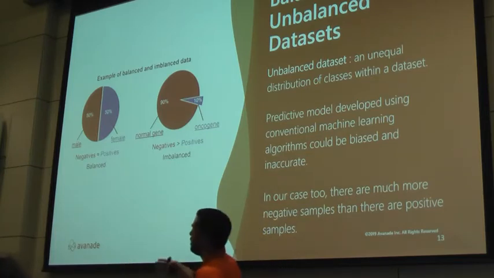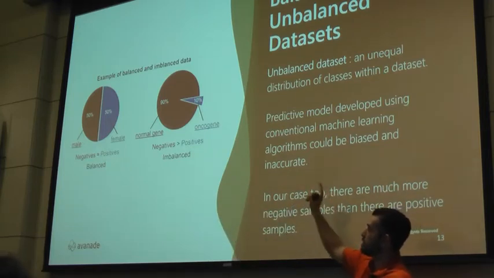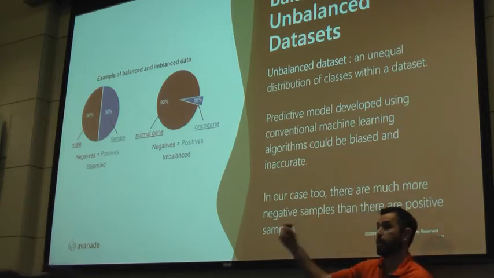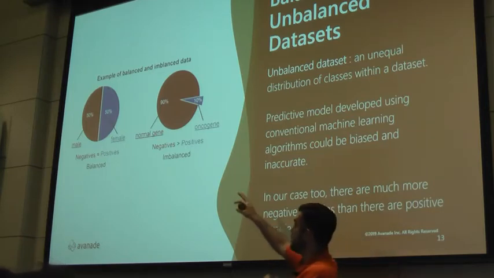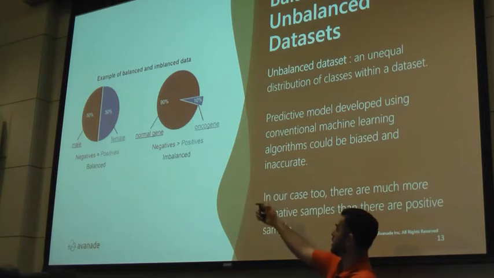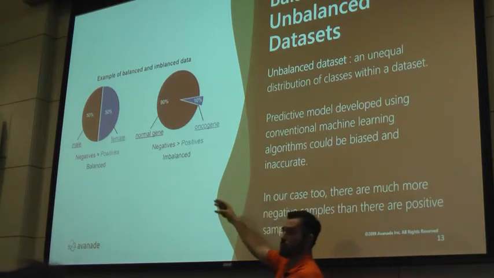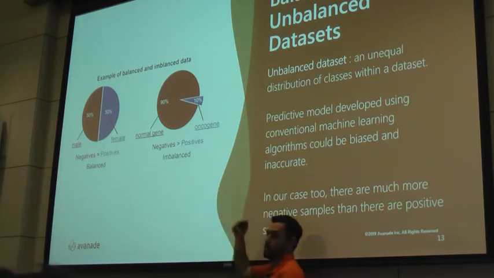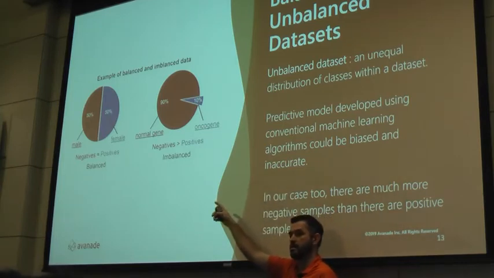So you could have millions and millions of data points, but your actual true positives are going to be very small within that. So if your model immediately guessed that everything was not cancer, and this was your data set here, and you had 10% of your data that was cancer, you'd be 90% accurate, right?